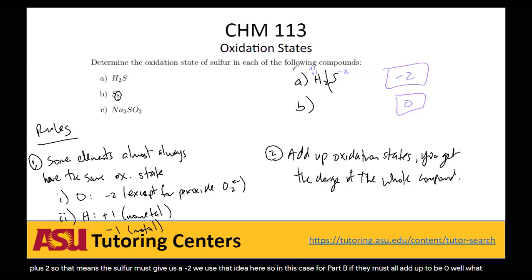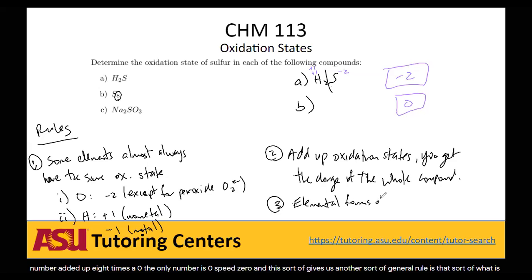And this gives us another general rule, is that anytime you have what is called an elemental form of an atom, and an elemental form just means it's the only element in your species. Okay, so like in this case, we have S8.